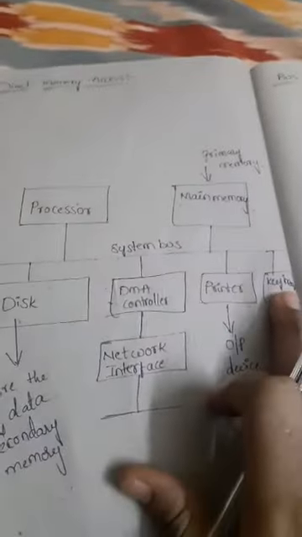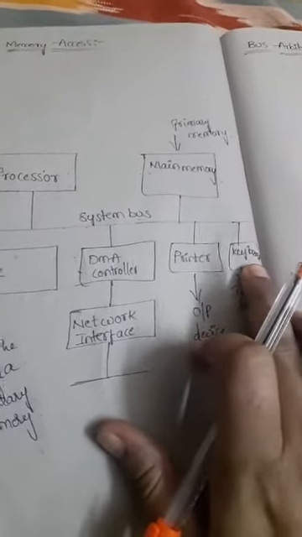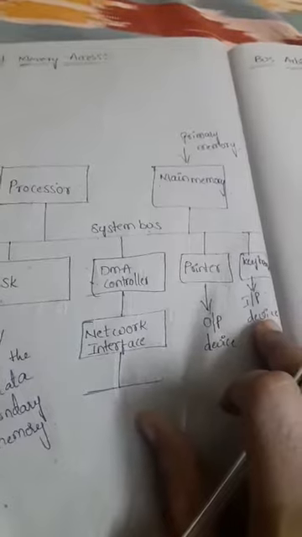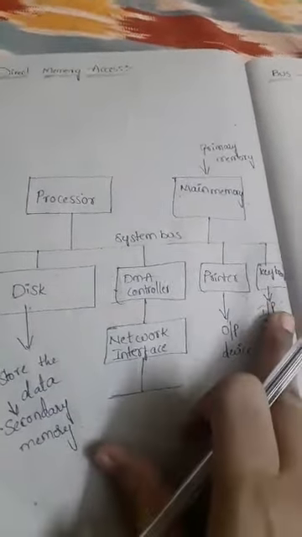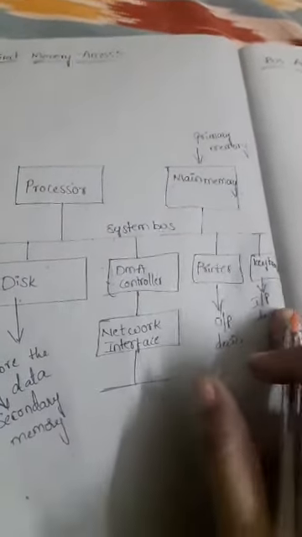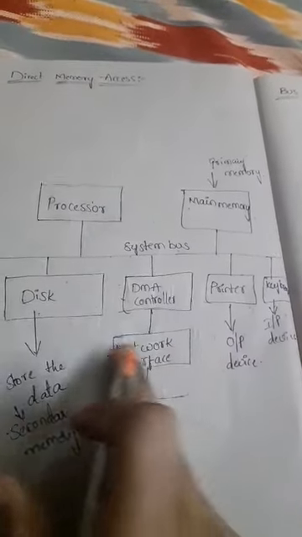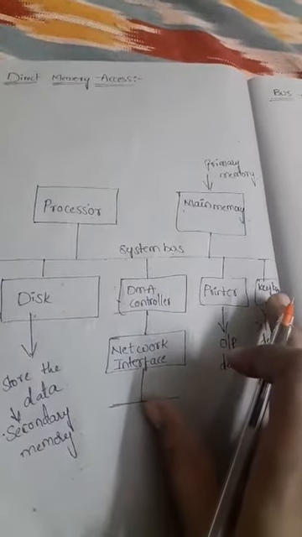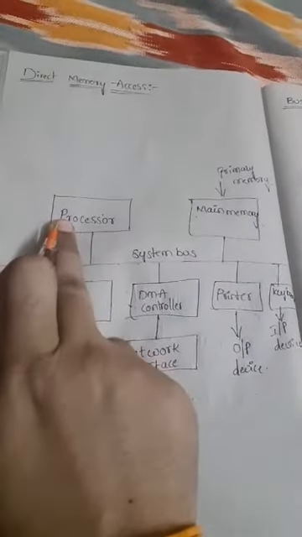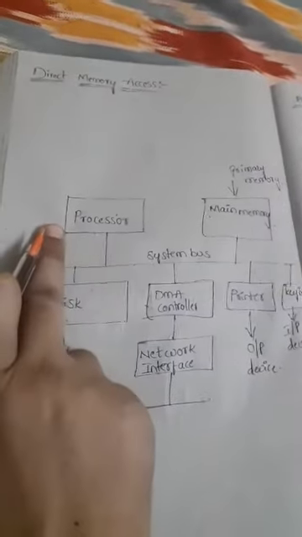After typing some matter with the help of the keyboard, where will the request go first? The request from the input device compulsorily goes to the processor.